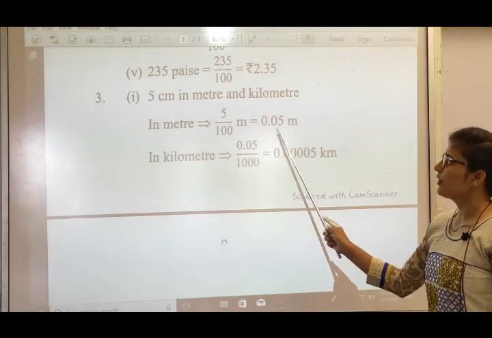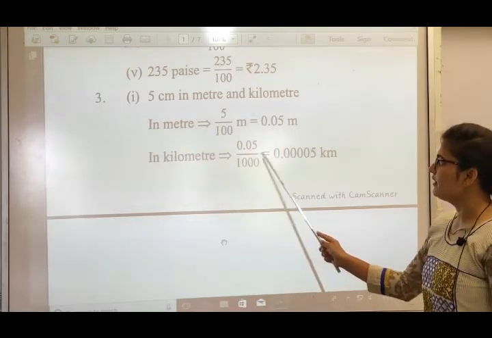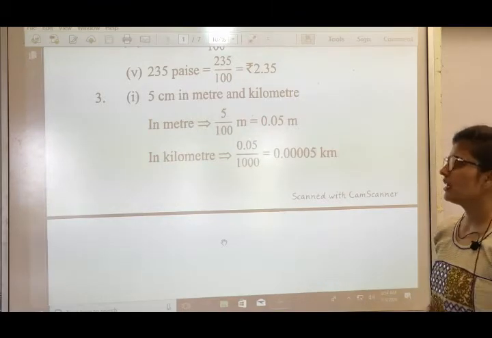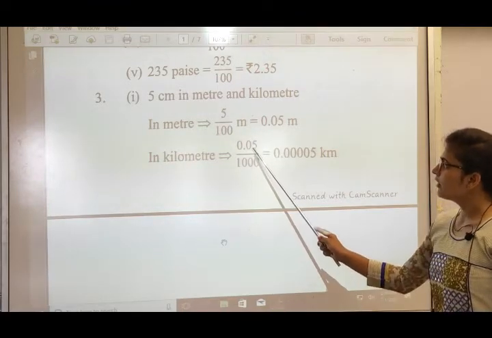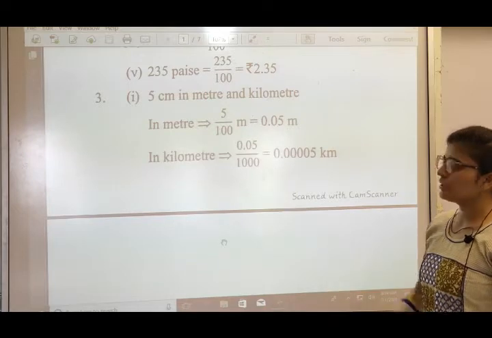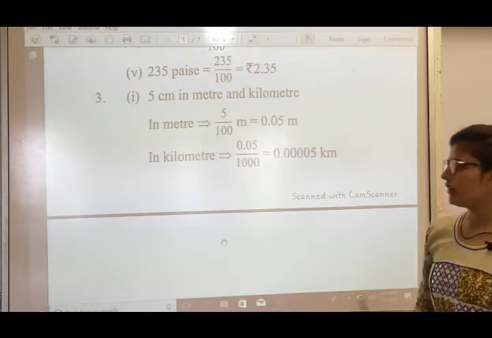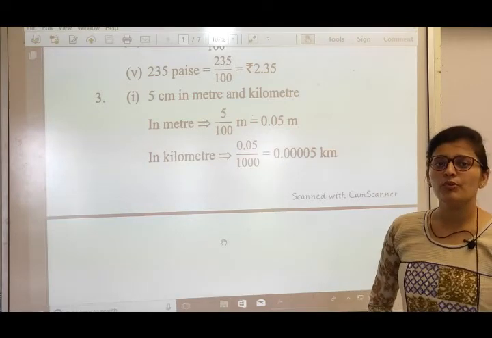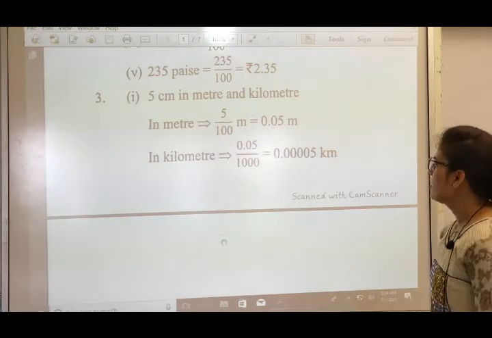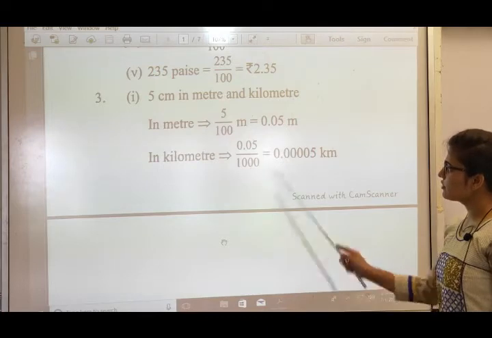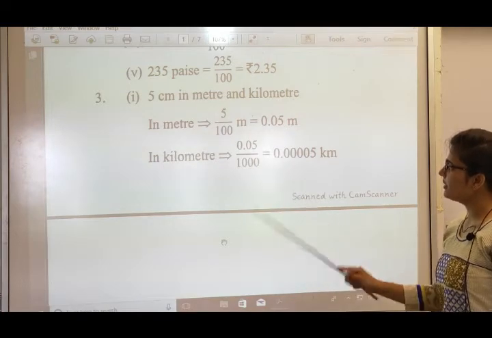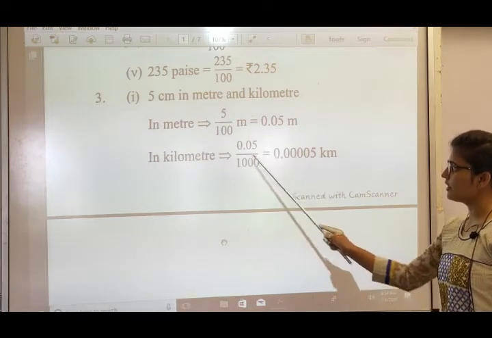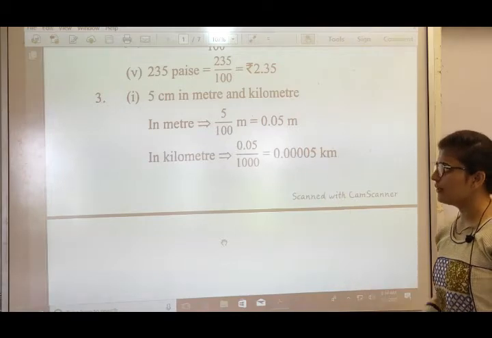Meter was 0.05. So 0.05 divided by 1000. So the required answer will be, after the point there are 2 digits already there in the above numerator. Now we have to put 3 more zeros because there is 1000 over here. So it will be equal to 0. More 3 zeros are there after that 5 kilometer.